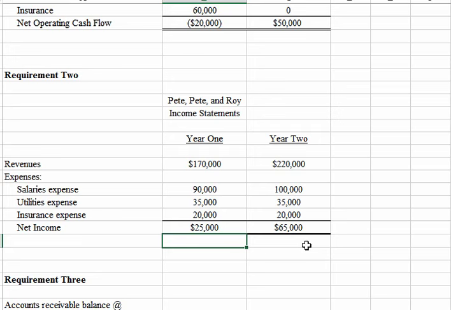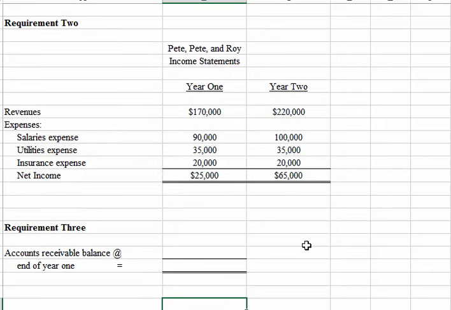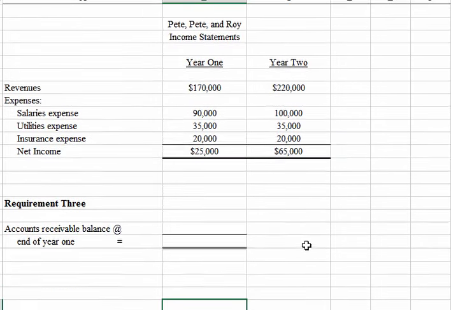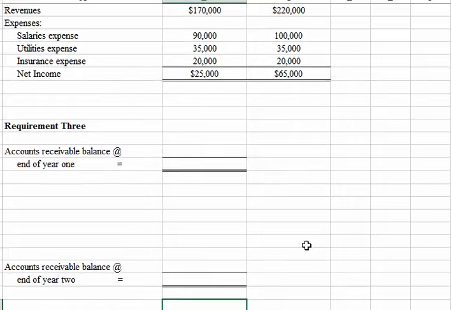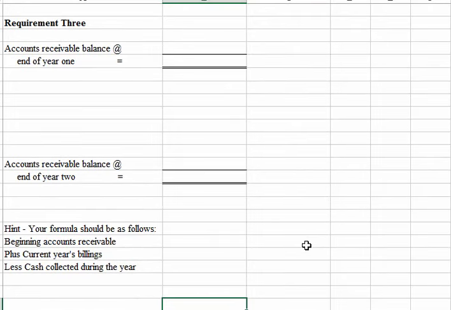Okay, now requirement 3, they want to know our accounts receivable balance at the end of year 1 that would show up on the balance sheet, and the accounts receivable balance at the end of year 2 that would show up on the balance sheet. Well, I gave you a little formula here under your template. Let's go on down. I called it a hint.